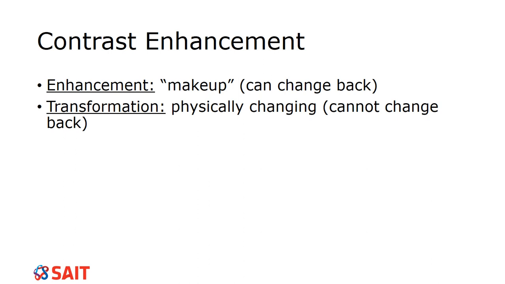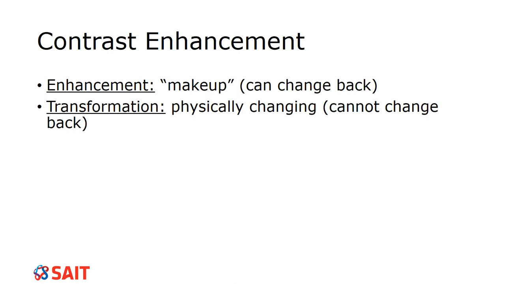Makeup can be applied. It can be done up really well. You can completely change the look of somebody by wearing makeup. But all you need to do at the end of the day is just take a cloth and wipe it off. A transformation means you're actually physically changing that person. So this would be like a plastic surgery or something. So a transformation is that really you're not going to be able to change back.